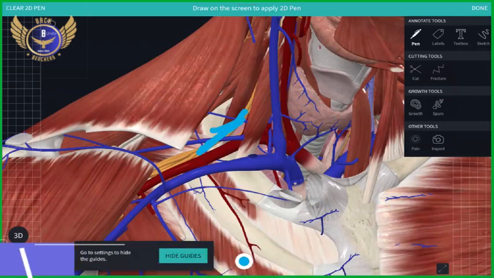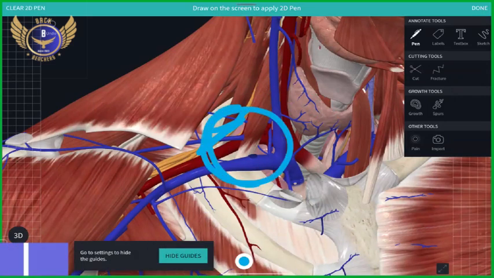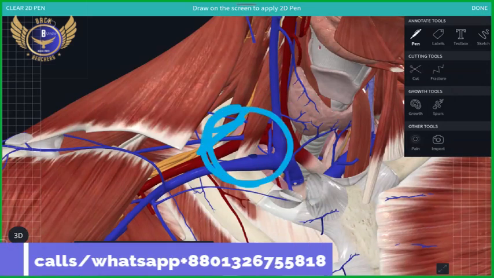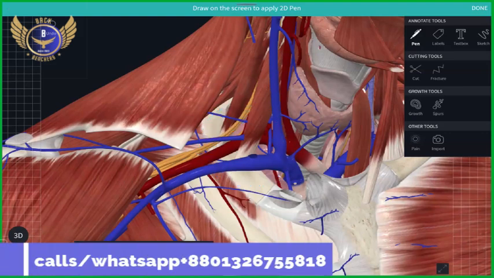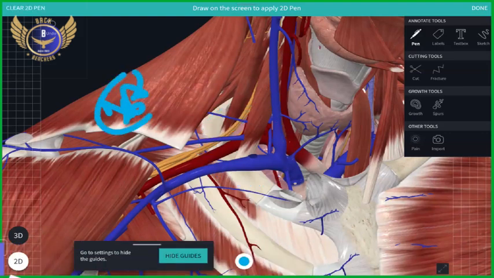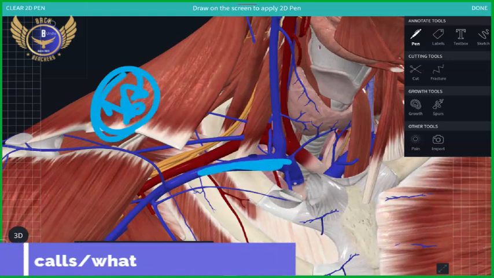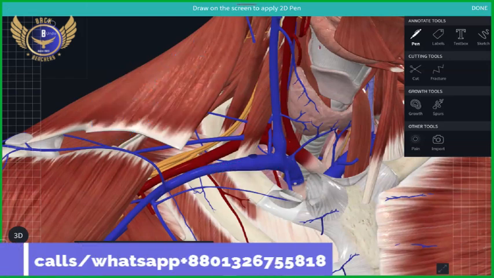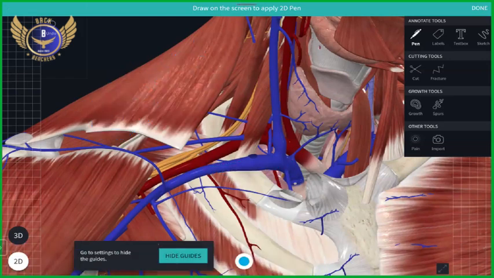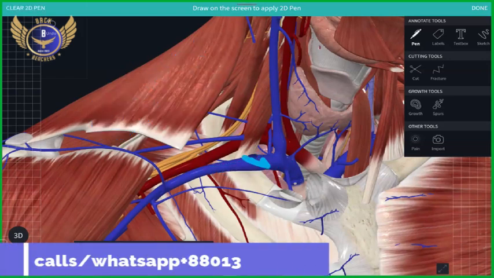Simple as that. All of these structures can get injured. Now, how will they ask you the question? Which one is the first structure to get injured? This one is the first one. Very simple. So the first structure to get injured will be the subclavian vein. And if they don't give you subclavian vein in your options, which one is the next best?